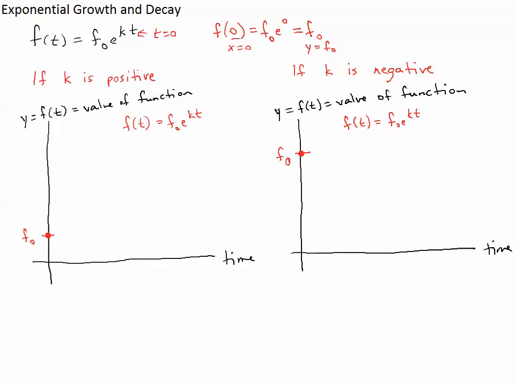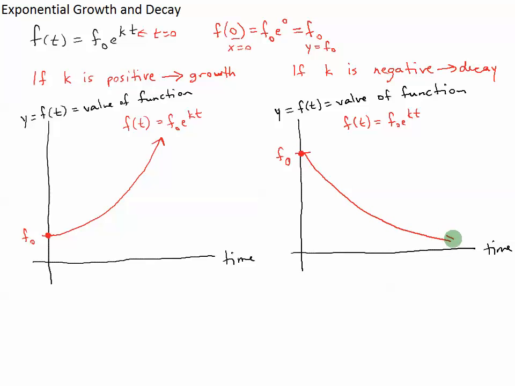If k is positive, what that means is we have growth. As we move to the right, our function gets bigger if k is positive. If k is negative, we have decay, which means our function gets smaller.